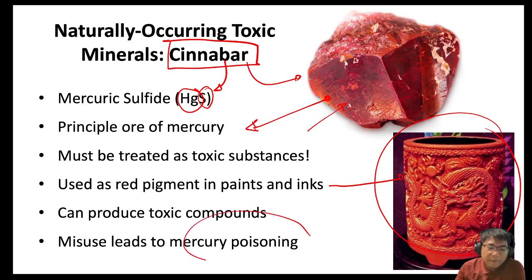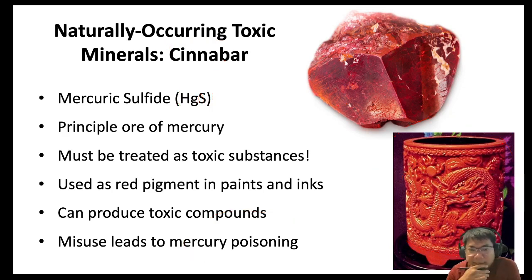But even though it looks and sounds very scary, don't worry about cinnabar. If you found a piece of cinnabar, don't worry about it, because the mercury within cinnabar is actually held by the sulfur element within the mineral.